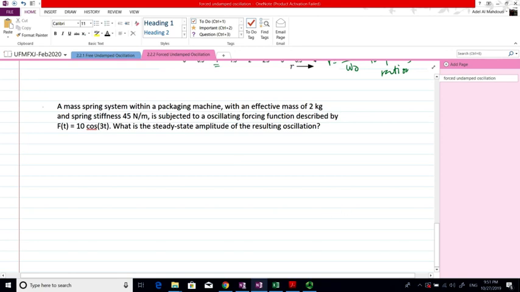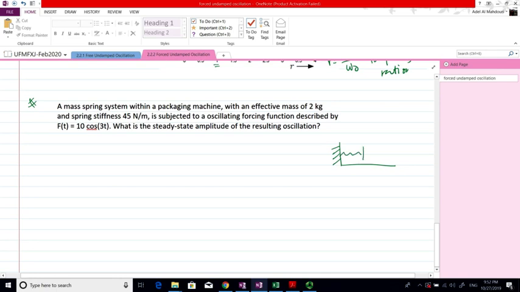Now we have this example about forced undamped oscillation. Let's read this question. A mass spring system within a packaging machine, with an effective mass of 2 kilograms. Let's draw the system.